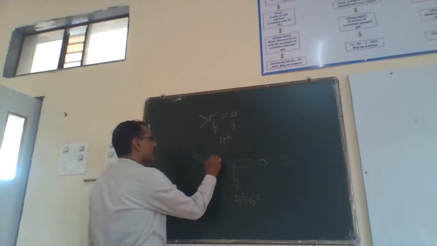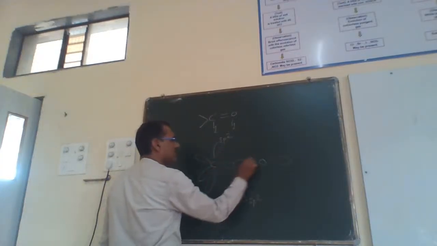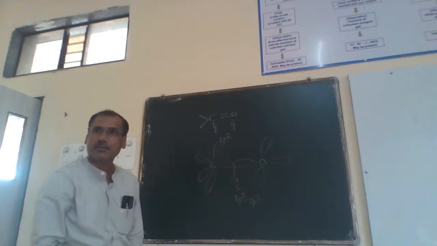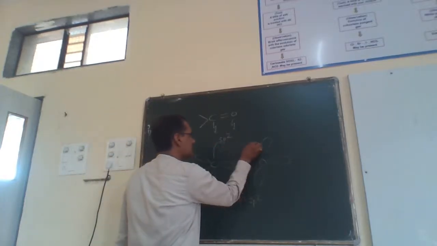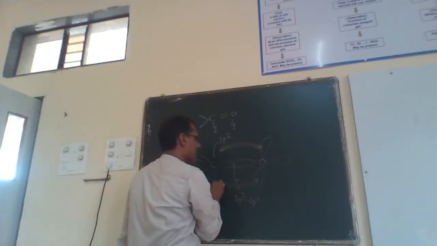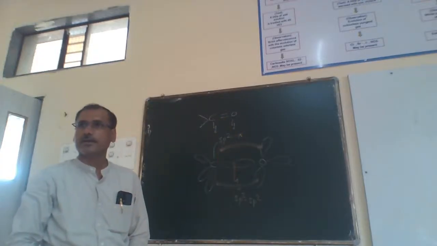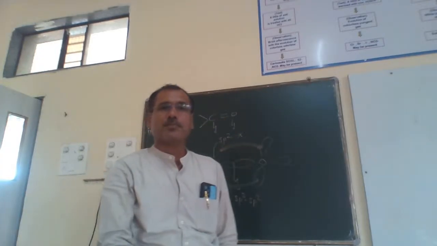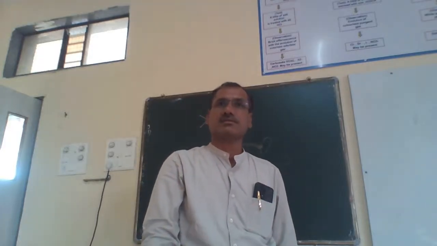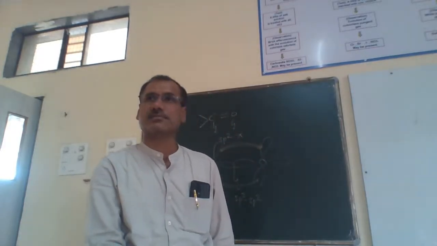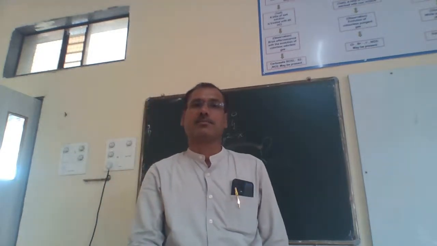And after forming this sigma bond, each of these is left with an unhybridized p orbital, which undergoes lateral overlap to form the pi bond. Agreed? So up till now there is no problem as such. So this is the structure of the carbon-carbon sigma bond, carbon-oxygen sigma bond and carbon-oxygen pi bond.